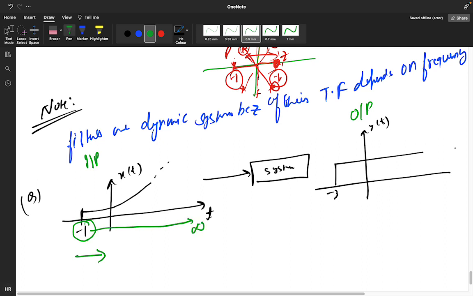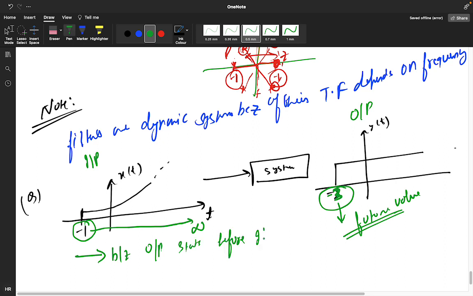The input starts at -1, and here the output is at -3. So -3 means it depends on the future value. Future values are non-causal, because the output starts before the input.